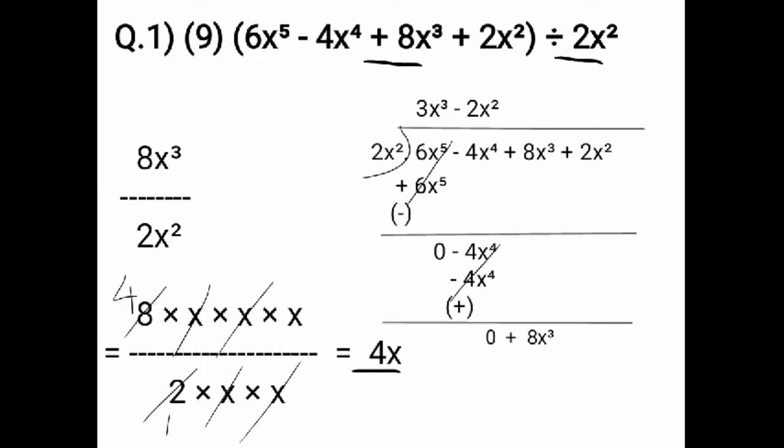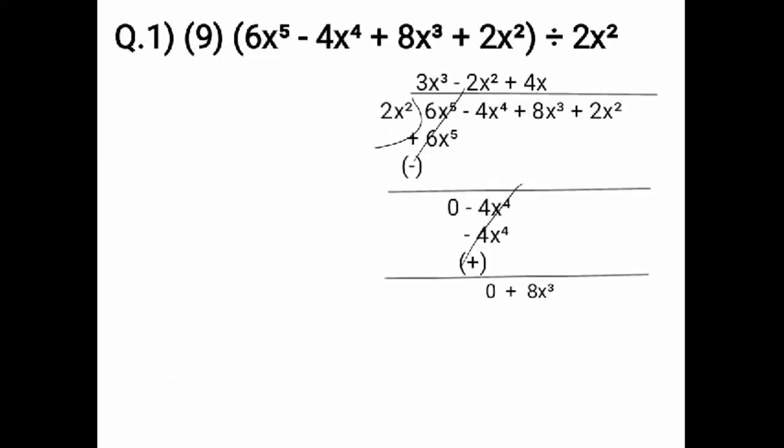Quotient you have to write it here, if you are dividing third term by 2x square. 2x square into plus 4x is plus 8x cube. Plus become minus sign. 8x cube minus 8x cube. Answer is getting 0. Cancel it. And then write 0.